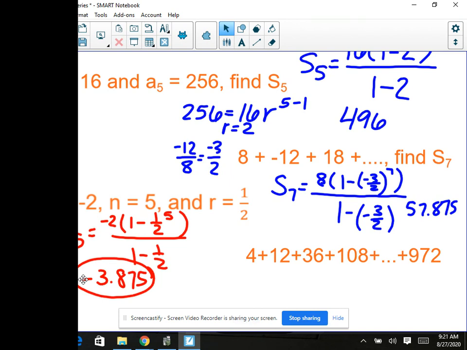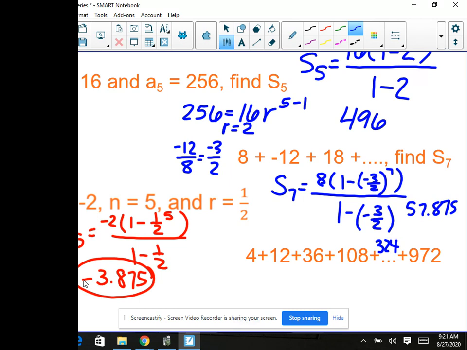Okay. The last one. This is the one I was talking about originally about a shortcut. Anyone notice the shortcut here? Anybody? What's our common ratio? 3. So if I multiply 3 times 108, I get 324, I think.